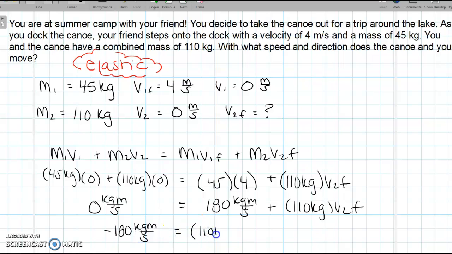And now we are left with our mass times our final velocity. So if we divide this out, our final velocity of you in the canoe is going to be negative 180 divided by 110, which is going to be negative 1.64 meters per second.